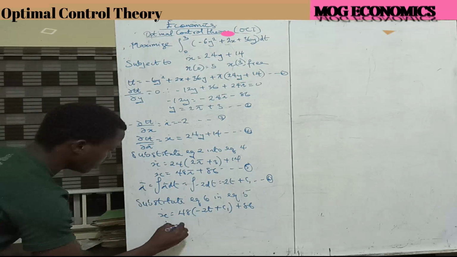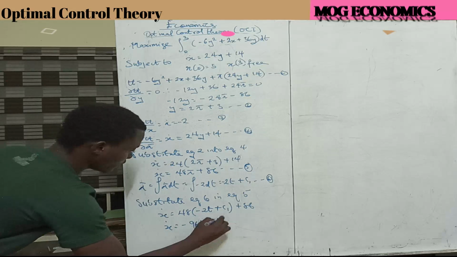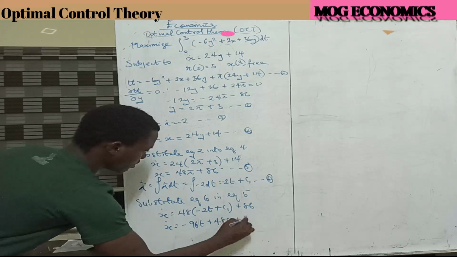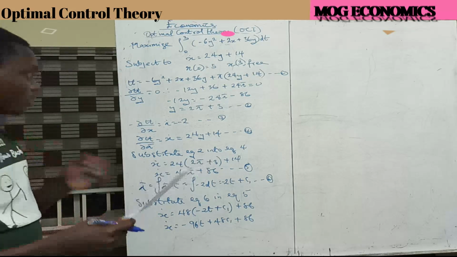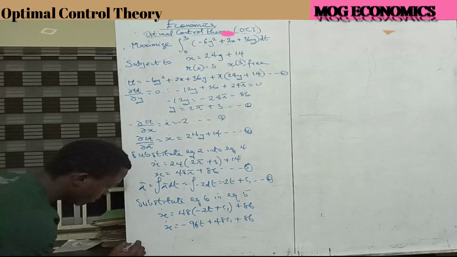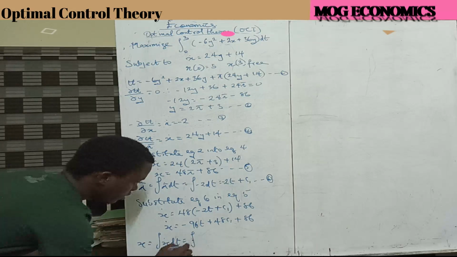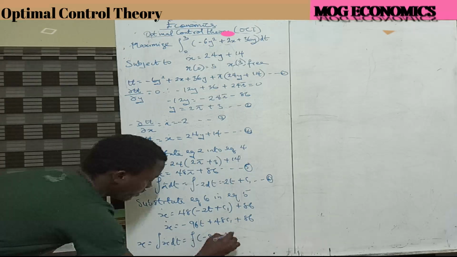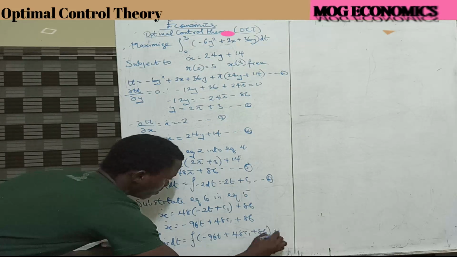So we have minus 96t plus 48c1 plus 86. Okay, that's that. So now the next thing is for us to get x. So x equals the integral of all of this, minus 96t plus 48c1 plus 86 dt.